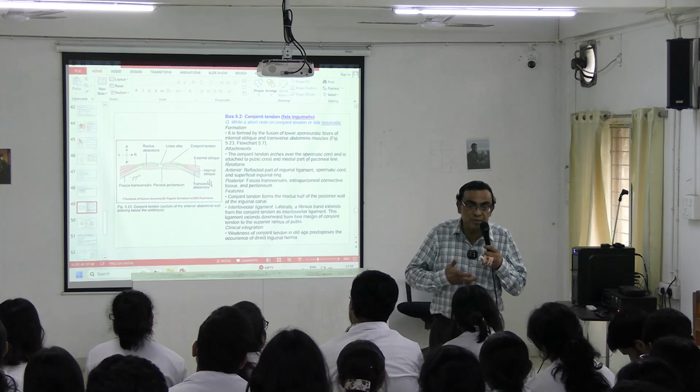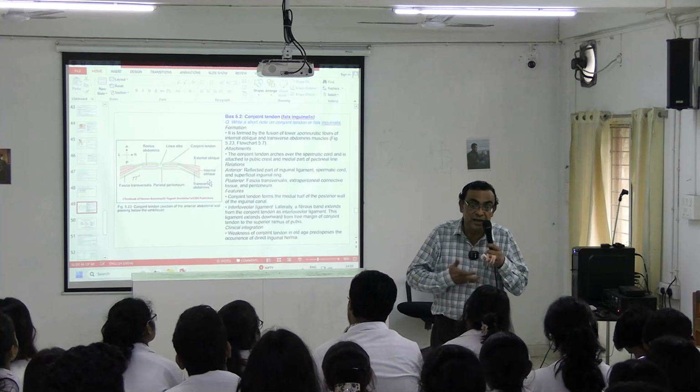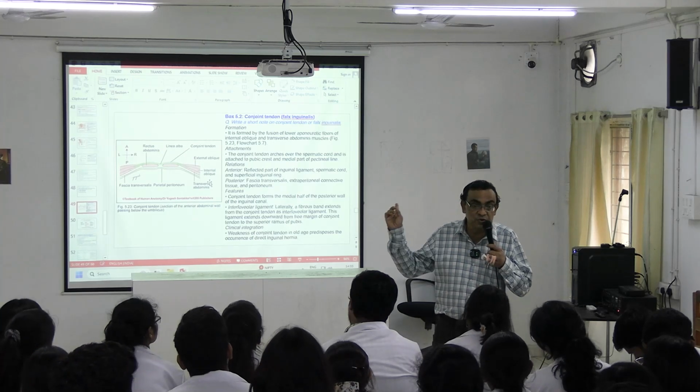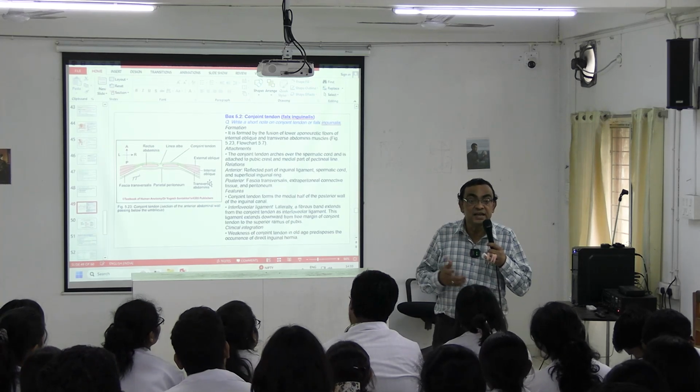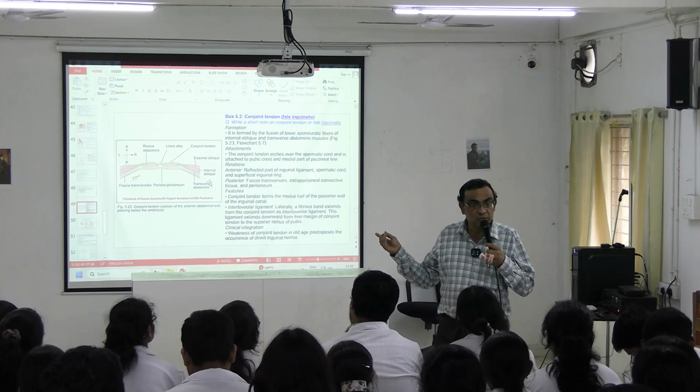So at this level, the anterior wall is formed only by the external oblique aponeurosis and the anterior layer of the internal oblique.